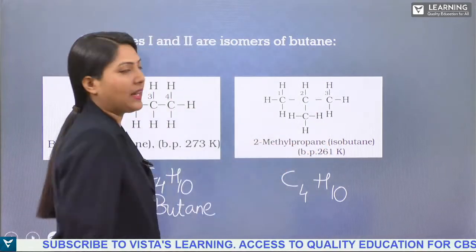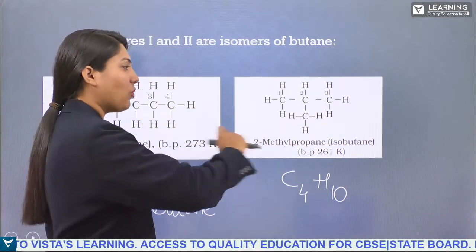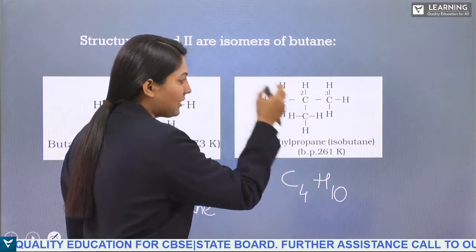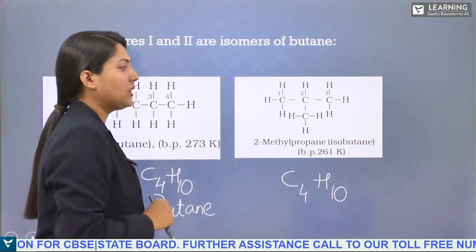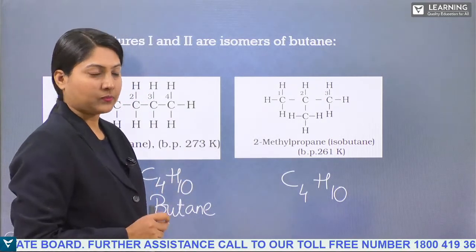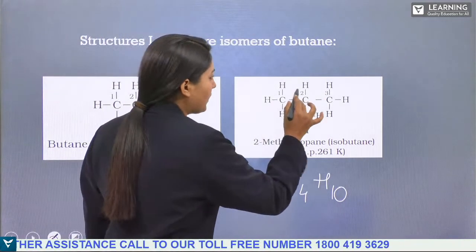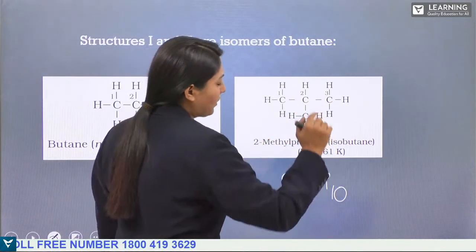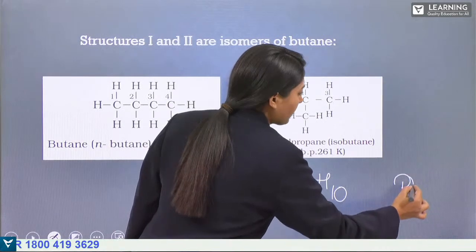But here we have 4 carbon atoms, yet within one single stretch we have only 3 carbon atoms, and the other is branched. So we cannot call this butane. Instead, 3 carbon atoms in the same chain, so we call it prop.